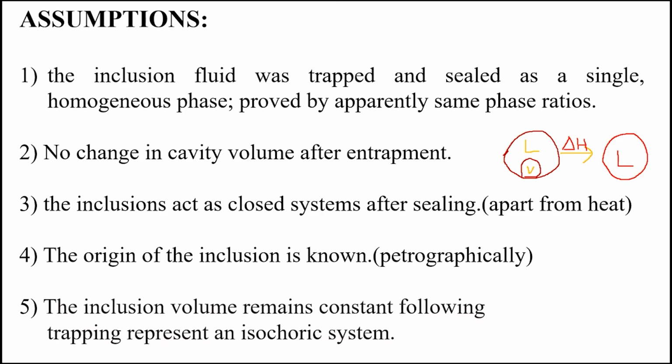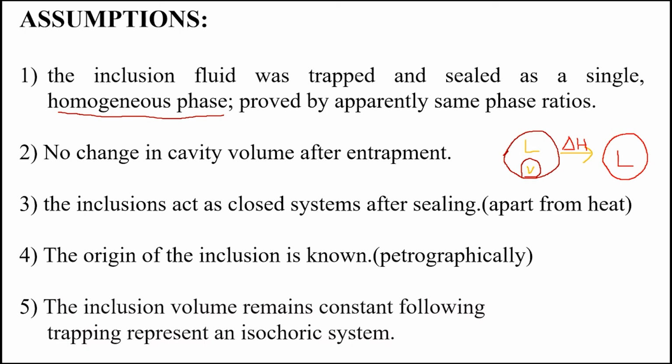So the first assumption is the inclusion fluid was trapped and sealed as a single homogeneous phase, that is proved by apparently same phase ratios. When we take some of the samples of fluid inclusions in the laboratory and heat them to a particular temperature, they are converted into a single phase.